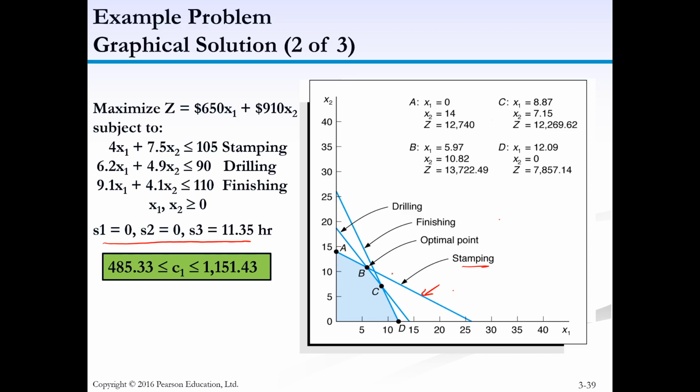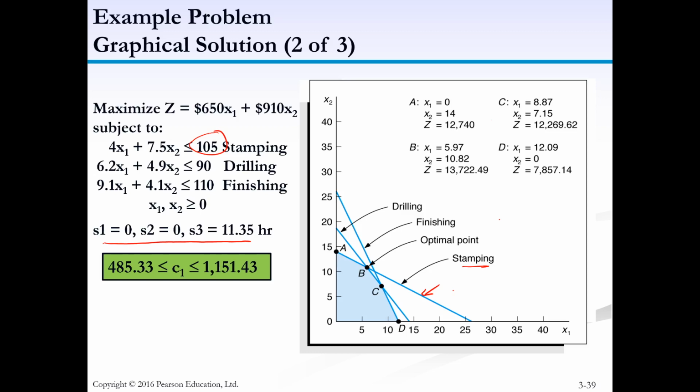So what I would like to see is how much this stamping right hand side, which is at the moment 105, changes such that the solution variable mix remains the same, which means x1 and x2 have some positive value, s1 and s2 are 0, and s3 has some positive value, or the shadow prices of these constraints stay the same. We would like to see that range.